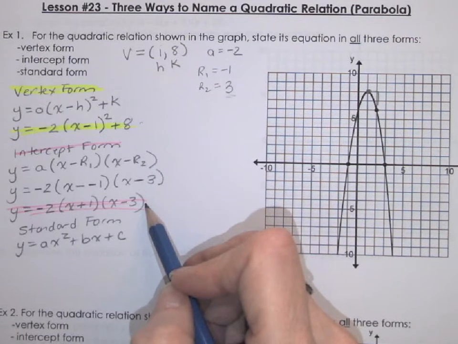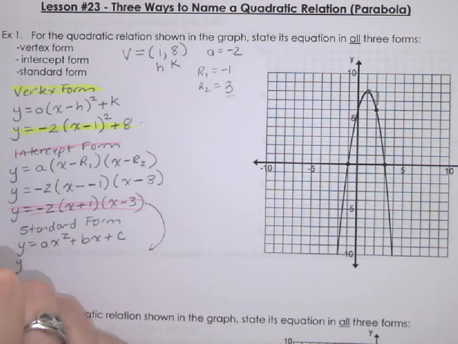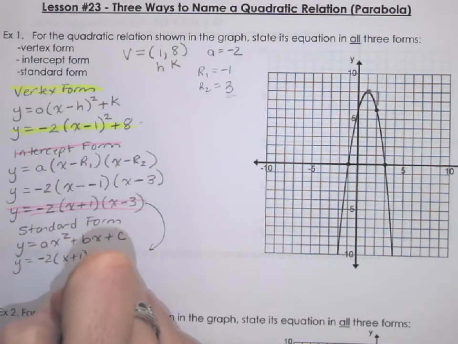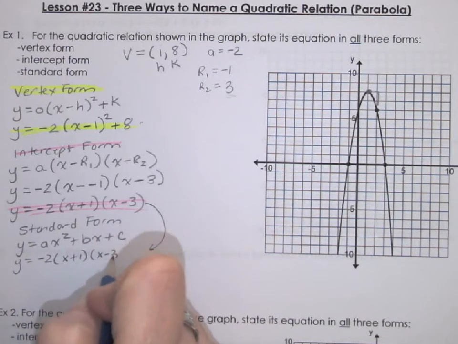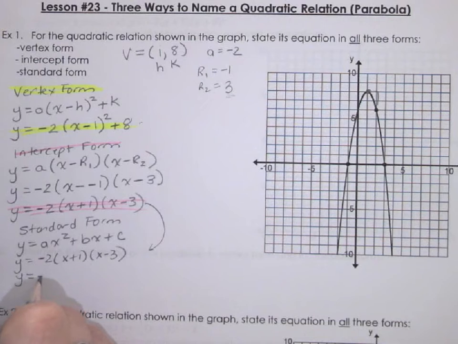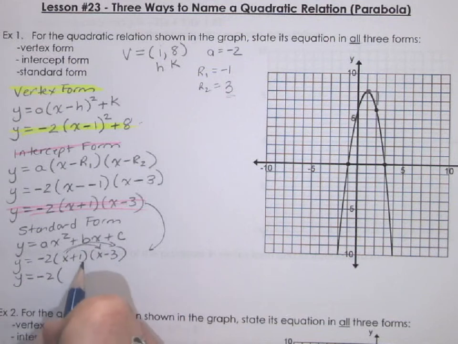And so what I do, if there is an intercept form, I always feel like that's the easier choice. So I'm going to start off with my intercept form. And then I'm going to leave the -2 out front for now and use FOIL to multiply these two binomials together.